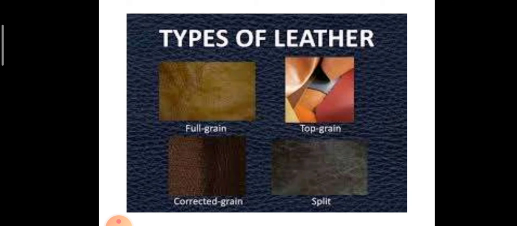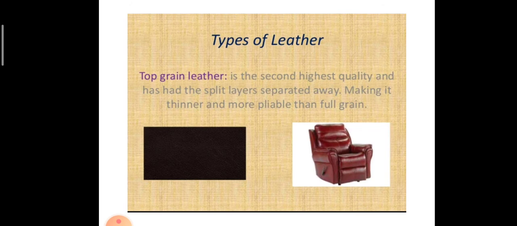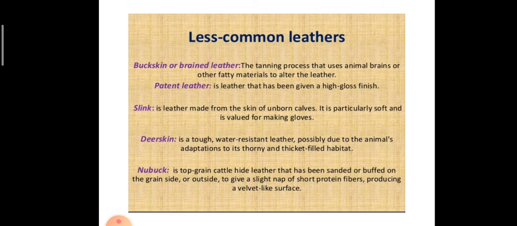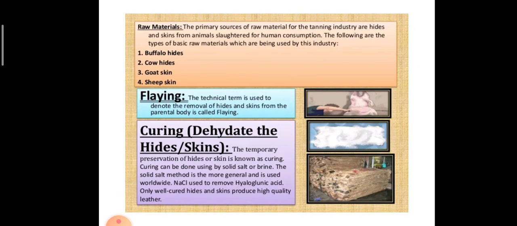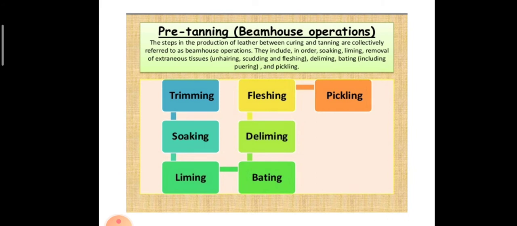Hides are nothing but the outer covering of big domestic animals like cow, buffalo, camel, etc. Whereas skin is nothing but the outer covering of small domestic animals such as sheep, goat, etc.